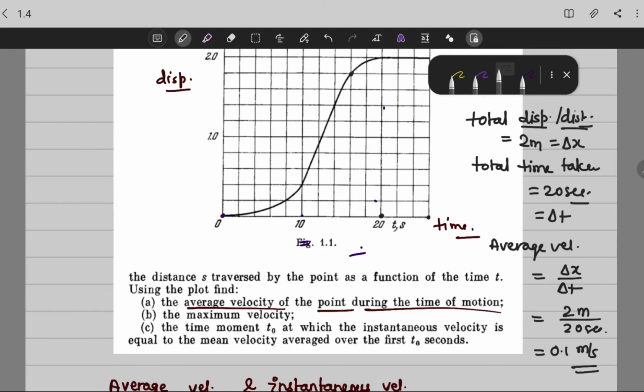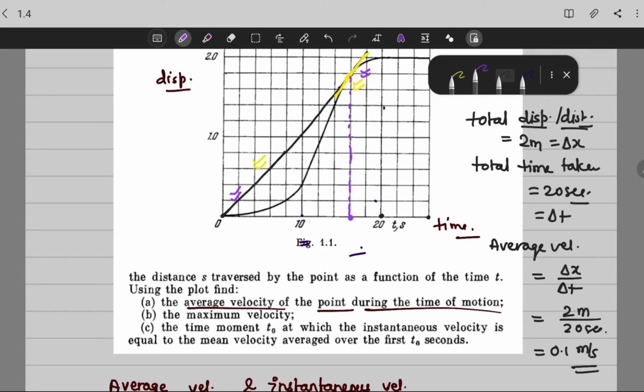At this particular point, this is the slope, and if we draw the line between the origin and this point, then the slope of this line and the slope of the instantaneous velocity here are both the same. So this is the time instant at which the average velocity and the instantaneous velocity are both the same.